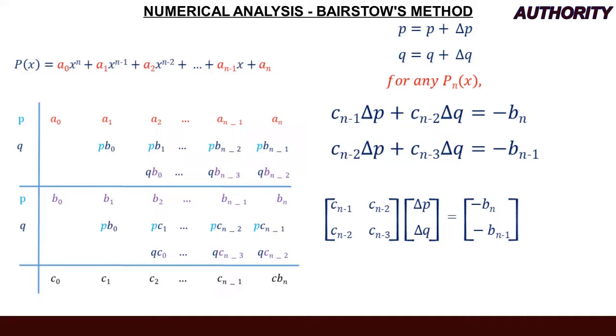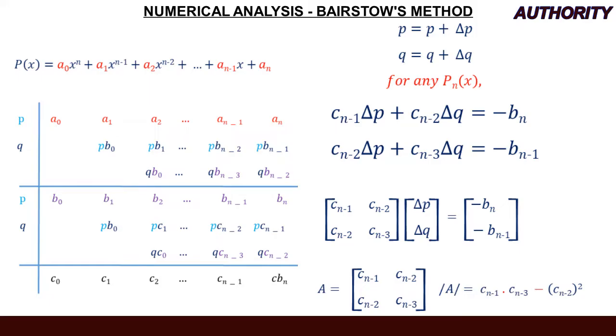Now let's have different matrices again. Let's have matrix A. Matrix A is your default matrix, which is Cn-1, Cn-2, Cn-2, Cn-3, a 2 by 2 matrix. Now let's find the determinant of this matrix: the leading diagonal minus the minor diagonal.